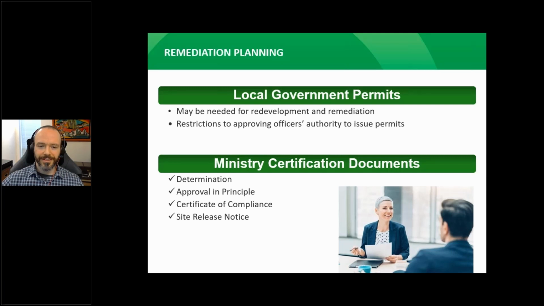As well, a release notice can be obtained from the ministry and provided to the local government to release the frozen permit. Release notices were described in presentation 7 of the learning series, and more information on ministry certification documents will be provided later in presentation 26 of the learning series. Next slide, please.